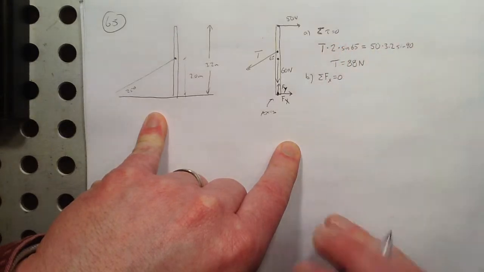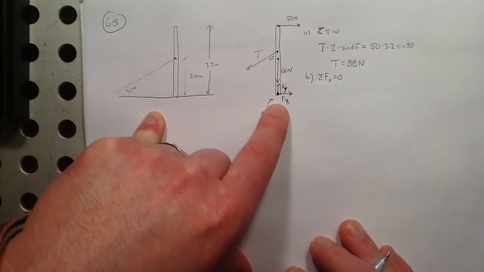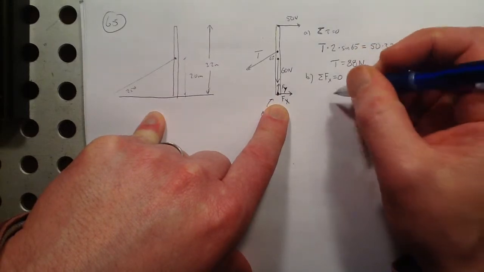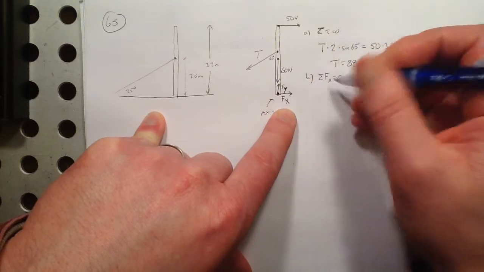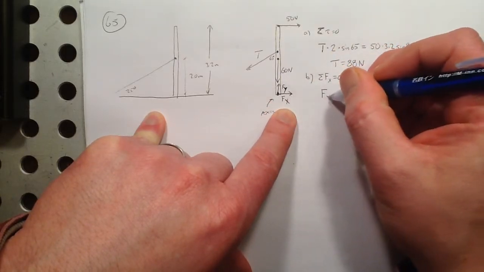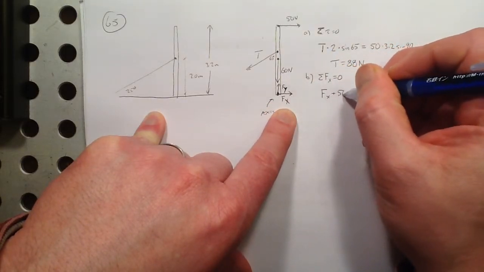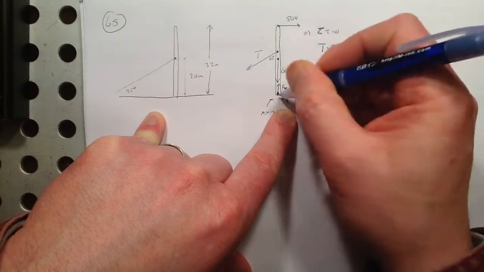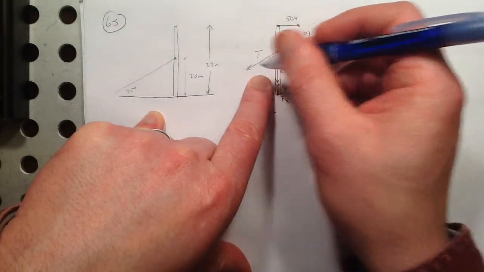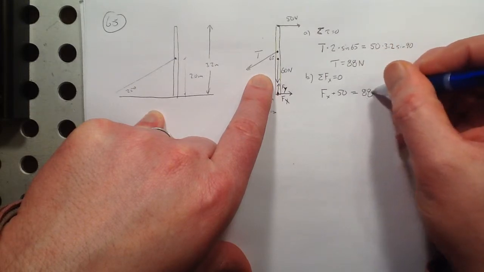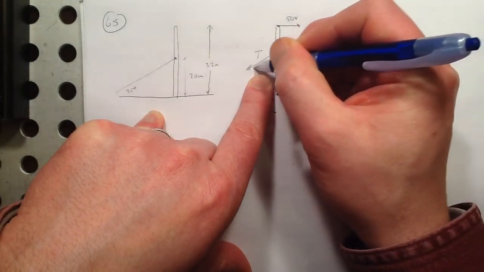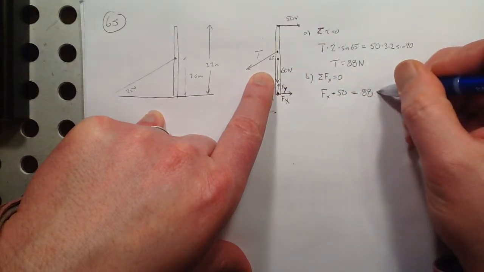I know that the sum of those horizontal forces is 0. So that means in the x direction, the way that I have it written here, we'll see if this is right, I have Fx plus 50 newtons. Those are the forces in this direction, would be equal to T times the component opposite to the 65-degree angle.